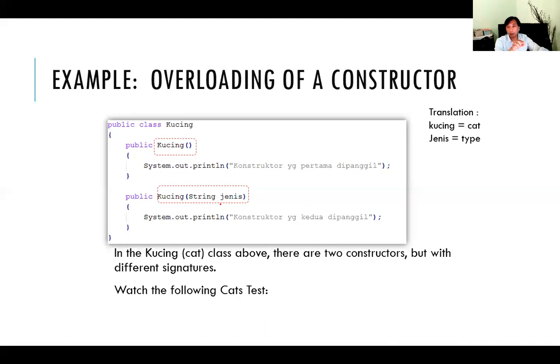You can differentiate by using the number of parameters, or you can differentiate by using a different data type for the parameter itself.